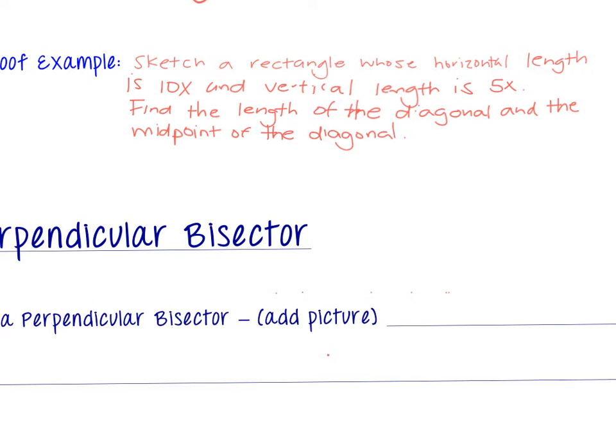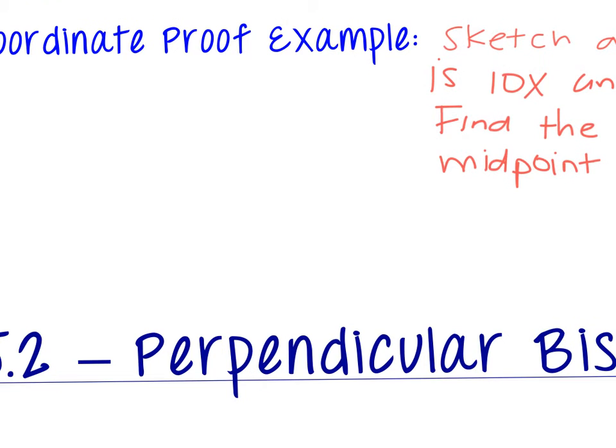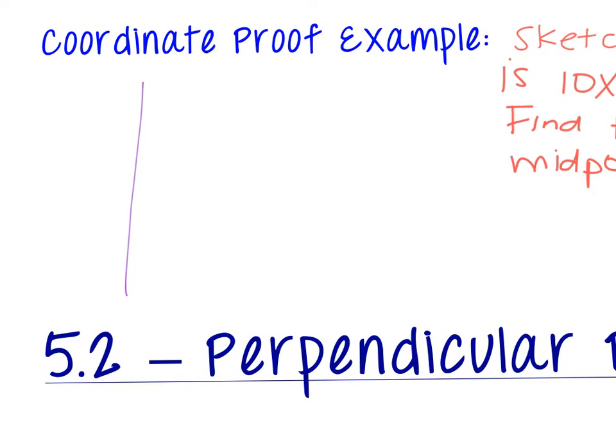All right, so this one says sketch a rectangle whose horizontal length is 10x and vertical length is 5x. Then find the length of the diagonal and the midpoint of the diagonal. So if I had given you a coordinate grid, you always want to start at 0, 0. Horizontal would be 10x, so I've moved to the right 10x.